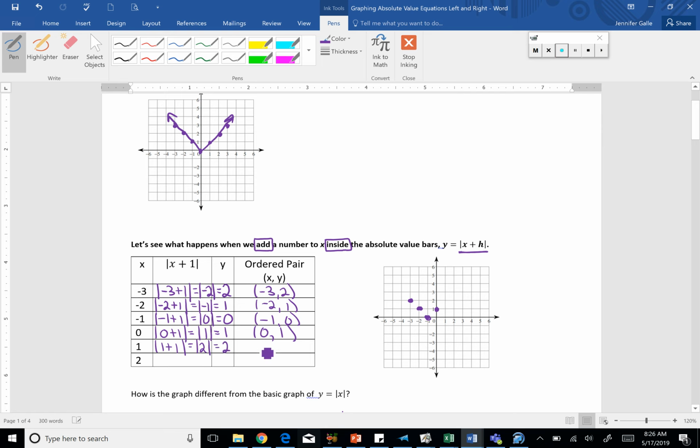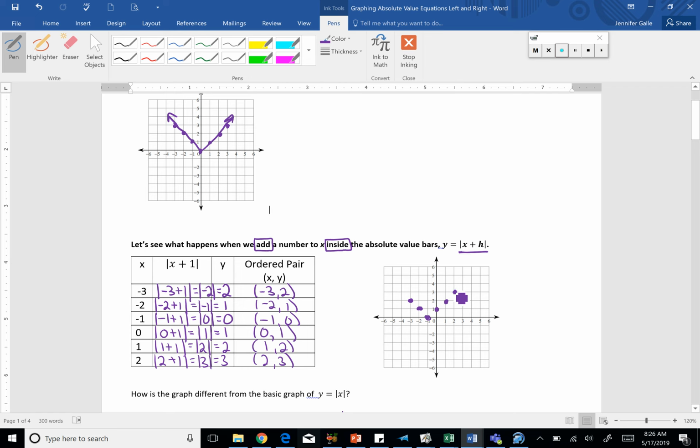We end up with 2. So 1, 2. And then my last one, I know you're thinking, Miss Golly, we've got that V already, and you know what, guys? We do. If I end up putting this one in, we get 3. Then we're at 2, 3.